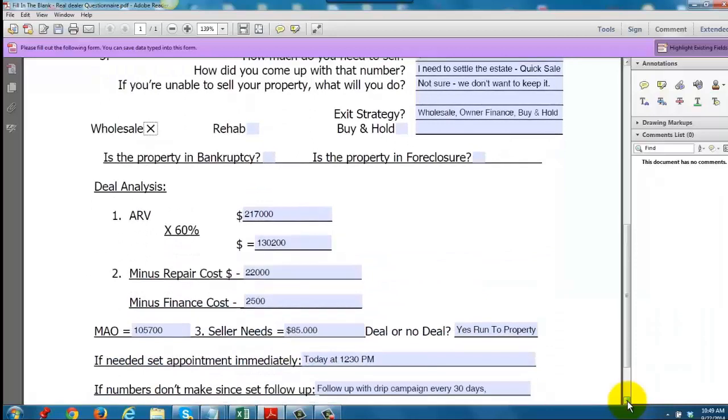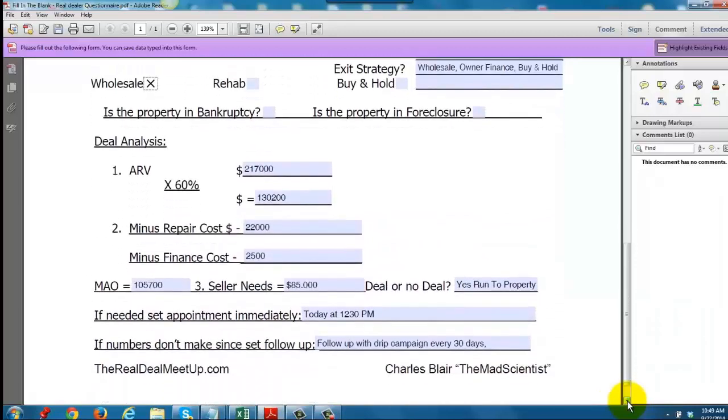And here's the meat and potatoes of it. This is where the actual power of this spreadsheet comes into play, because the actual sheet that I'm giving you guys will have a built-in calculator that automatically figures out whether or not it's a good deal or not. And here's where we go into the deal analysis part of the property.